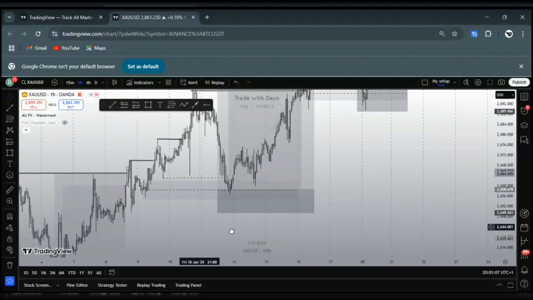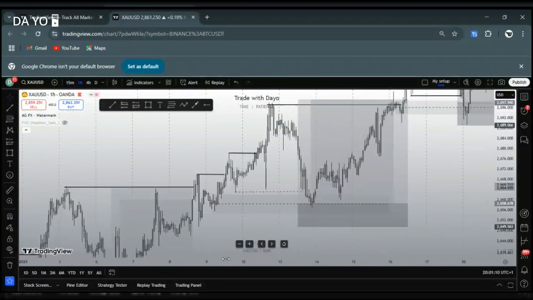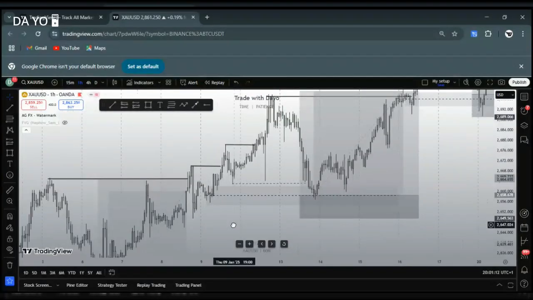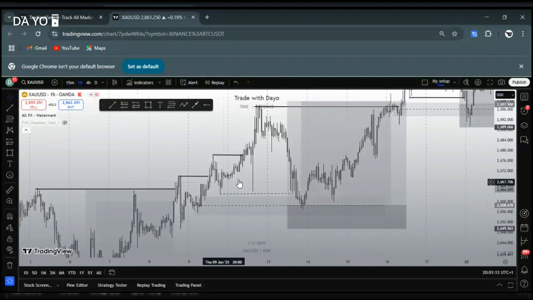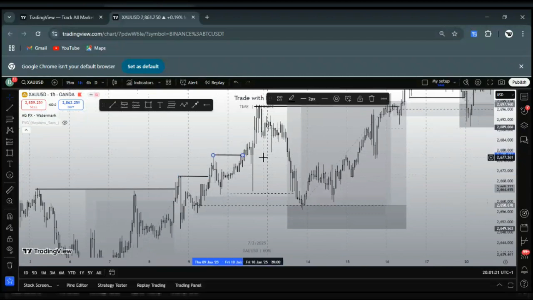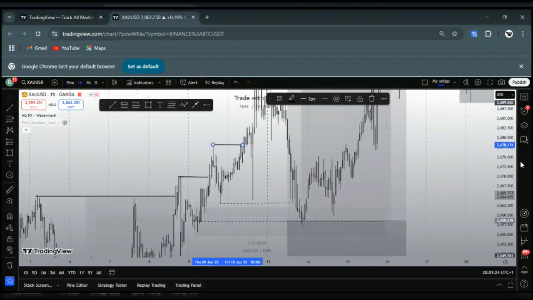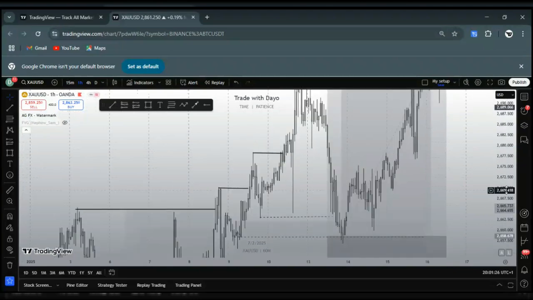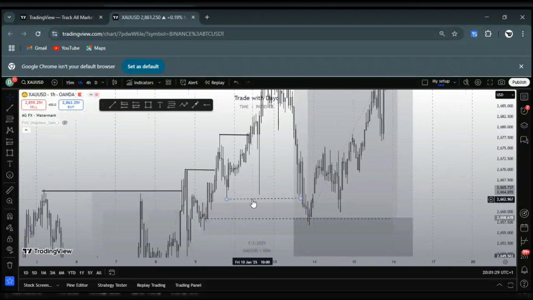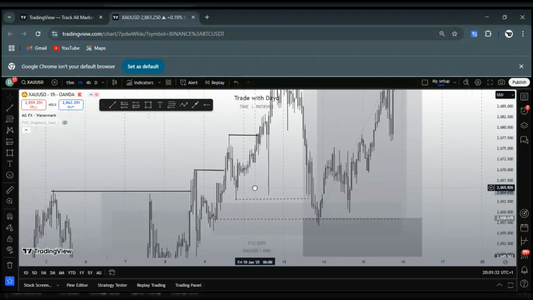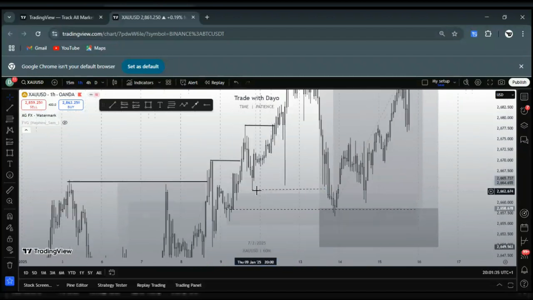The market broke structure 2 times. First break of structure, second break of structure, then went up. So what are we expecting? We are expecting the market to still come down after breaking two structures, and sweep this low of the second break of structure. Then after sweeping this low, tap into a valid order block, which is this one.